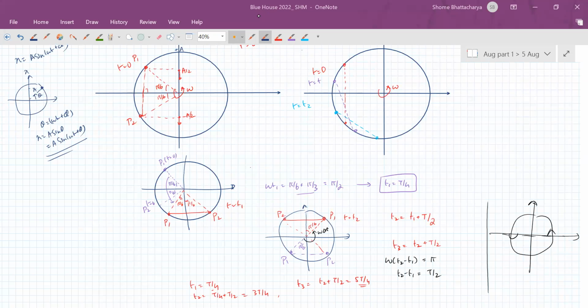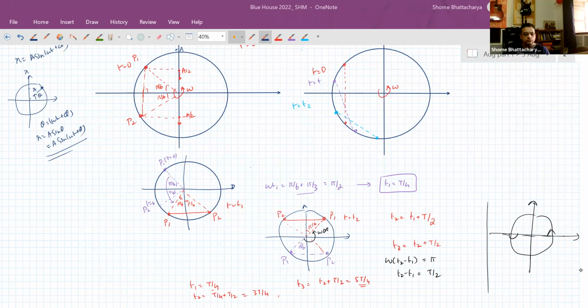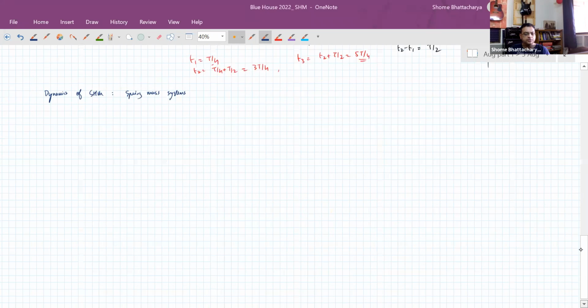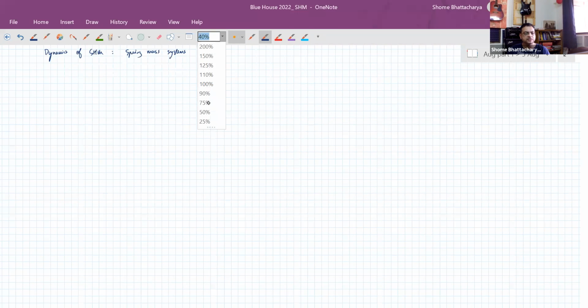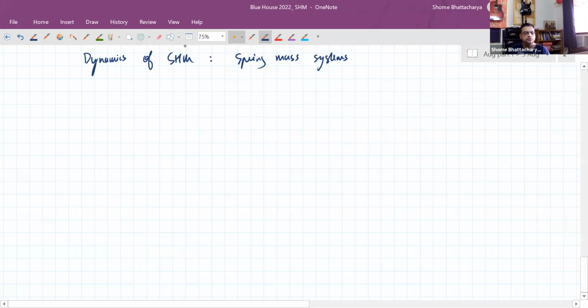Okay, so now let's move on back to dynamics and spring mass systems. So last time we had seen the basic spring mass system, to start with, a single spring attached to a block on a horizontal plane.